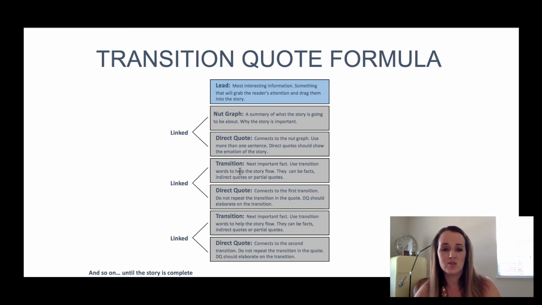Then a transition, direct quote, transition, direct quote, and so on until your story is completed. So again, this is a great format. We start off with a very interesting lead to draw our viewer in, then the nut graph, then the direct quote and transition formula until we've addressed all the information we need and have told the entire story.